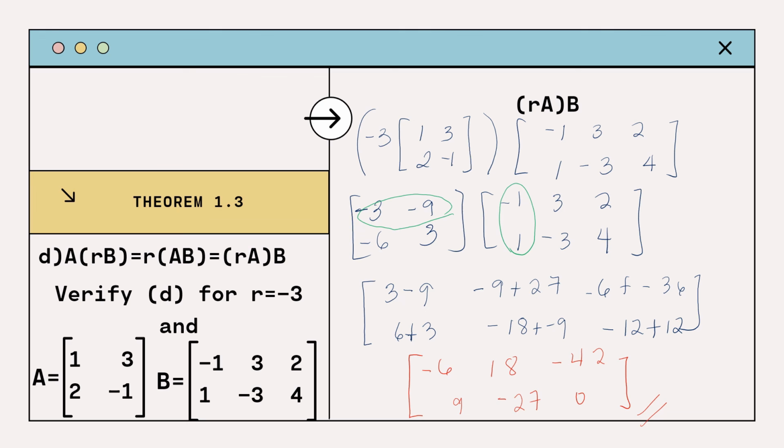Therefore, letter D of Theorem 1.3 is proven.